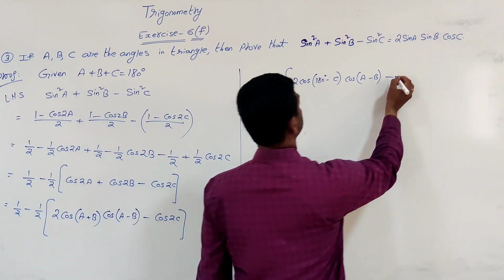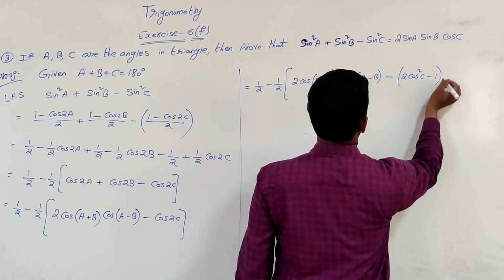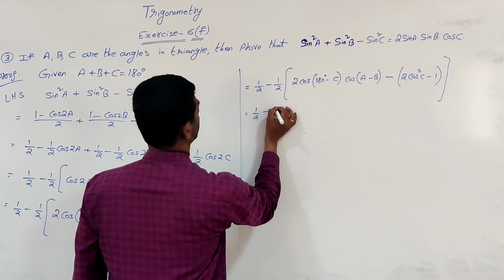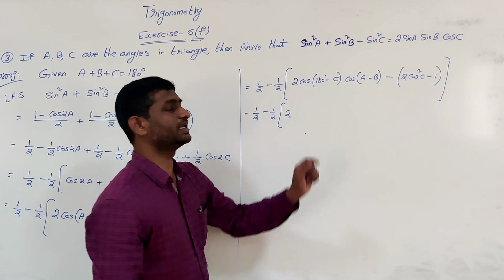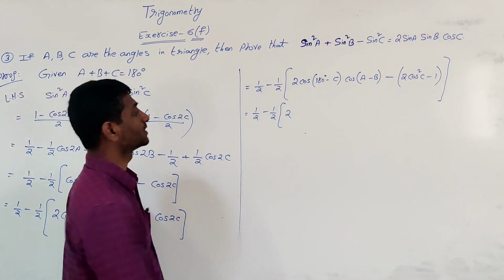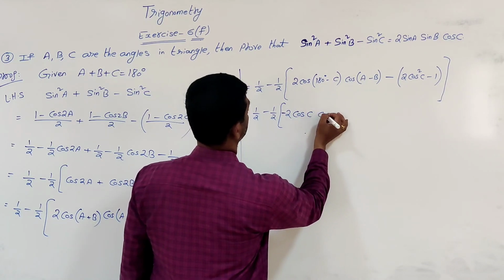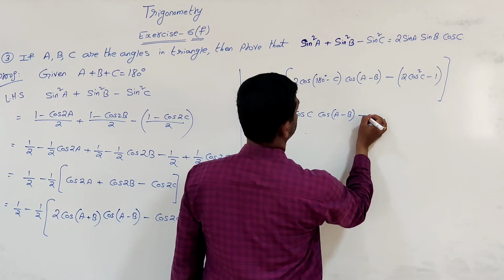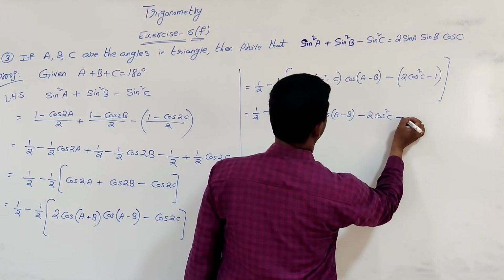That can be written as 2 cos square C minus 1. 1 by 2 minus 1 by 2 times 2 cos of 180 minus theta, which is minus cos theta. So it will be minus cos C cos of A minus B minus 2 cos square C, and minus into minus becomes plus 1.